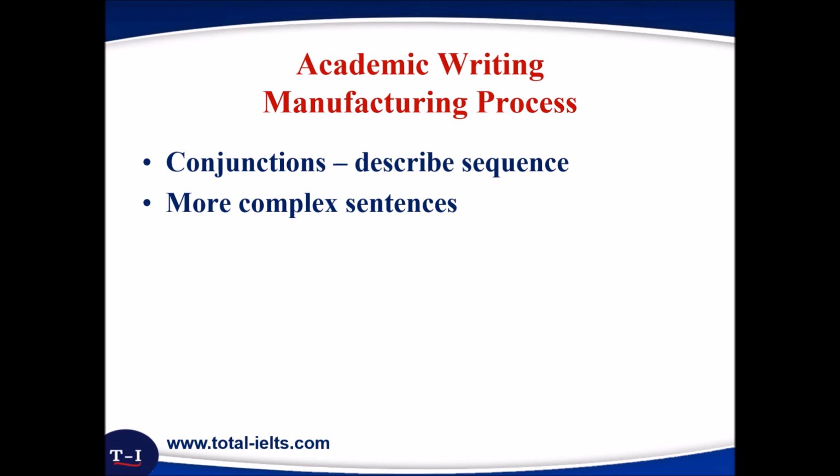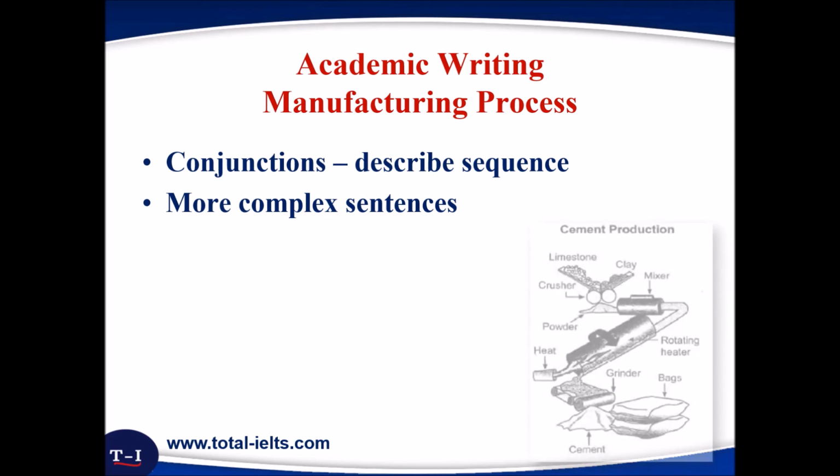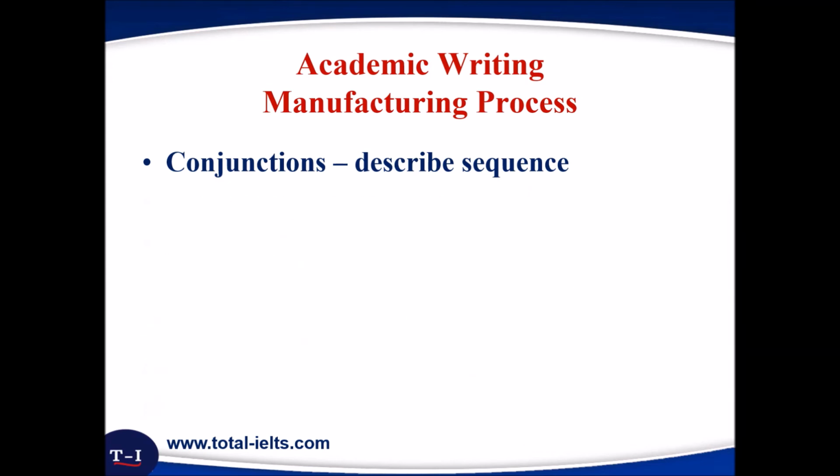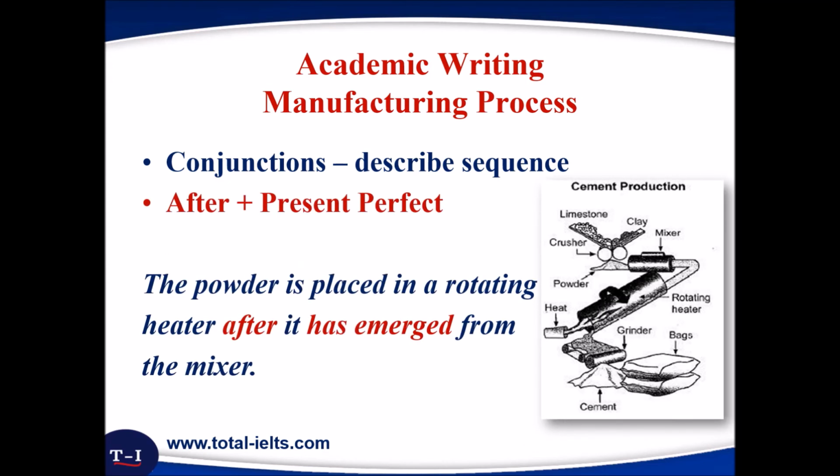Try to use conjunctions when describing the sequence in a diagram for more complex sentences. For example, after plus ing. After emerging from the mixer, the powder is placed in a device that rotates and heats it. After plus present perfect. The powder is placed in a rotating heater after it has emerged from the mixer.